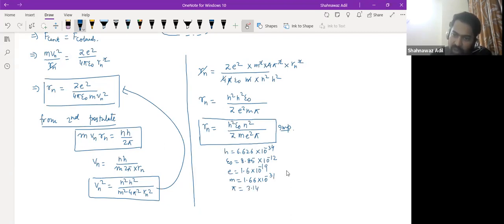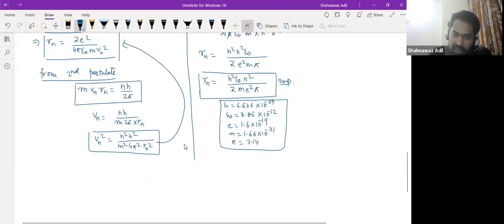If we put all these values, we will get Rn as 0.529 n square divided by z.